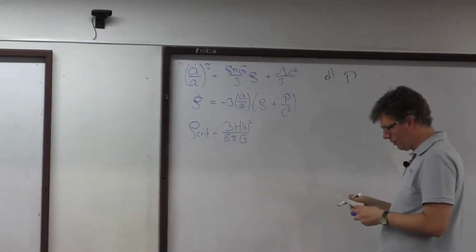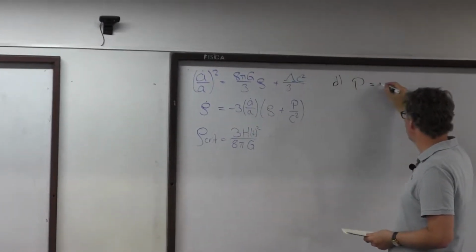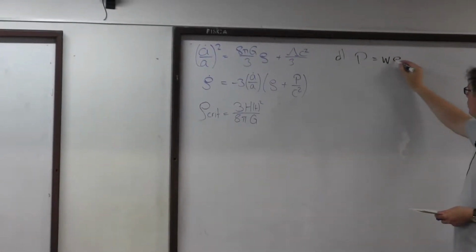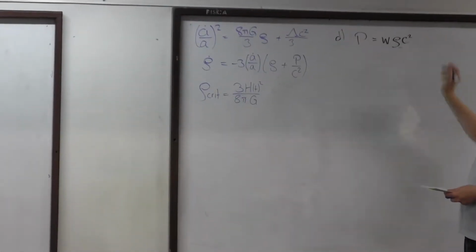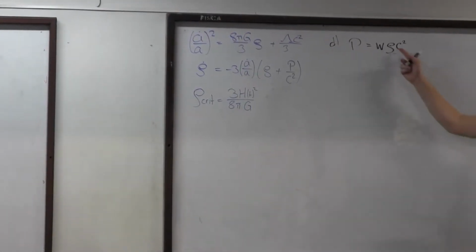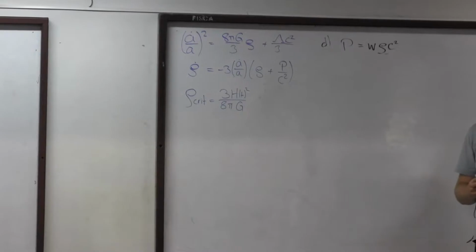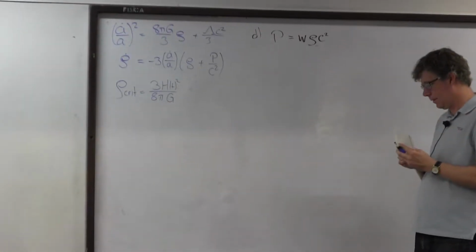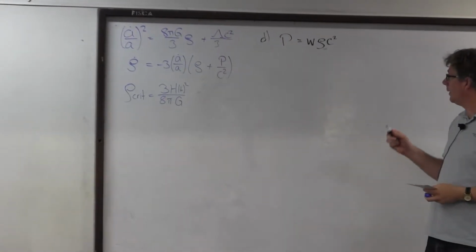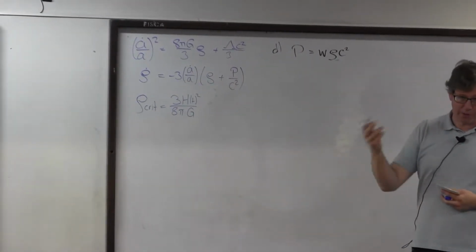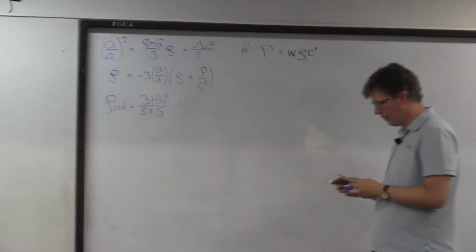Set that to be some W times rho c squared. So you say that the pressure is something that is proportional to the rest mass energy of the gas. And this is convenient because for different W's you get different types of matter.